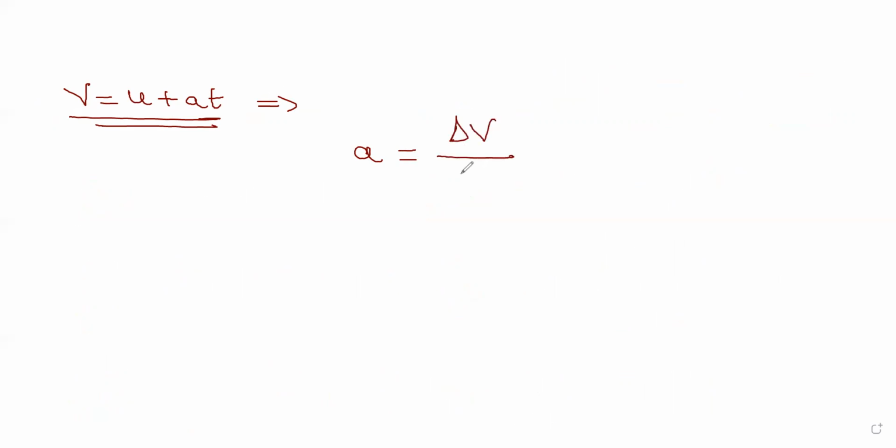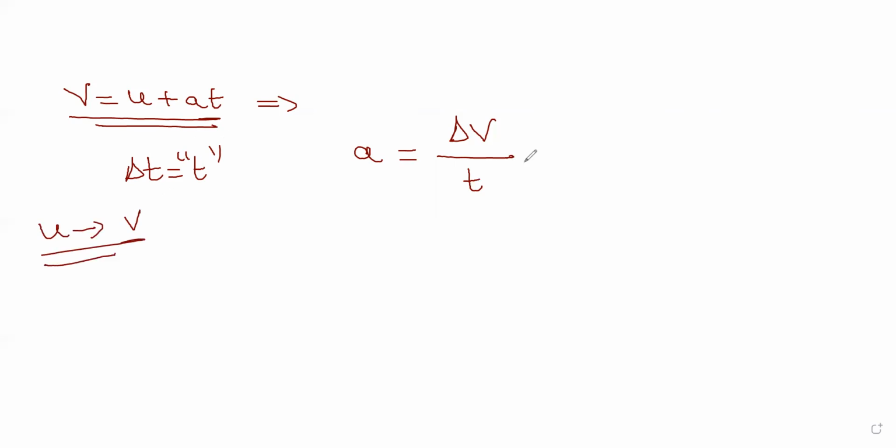So let us derive the first equation, v equal to u plus at. So how do we derive this equation? We know that acceleration is nothing but change in the velocity divided by the time interval delta t. So here we assume that in the time of t, the velocity is changing from u to v.